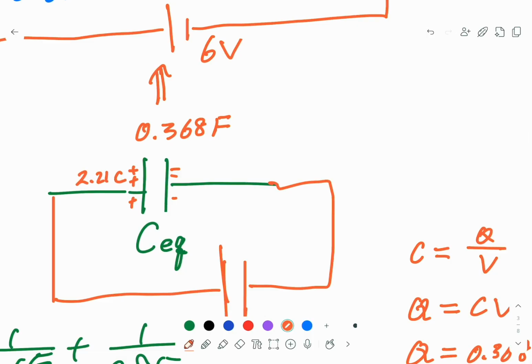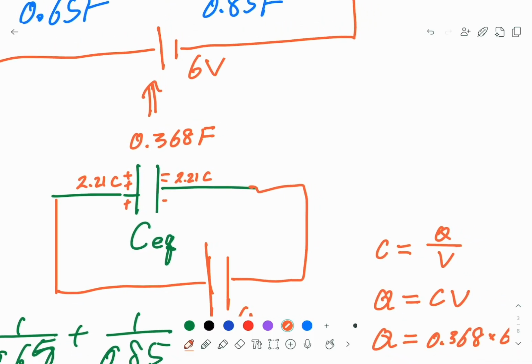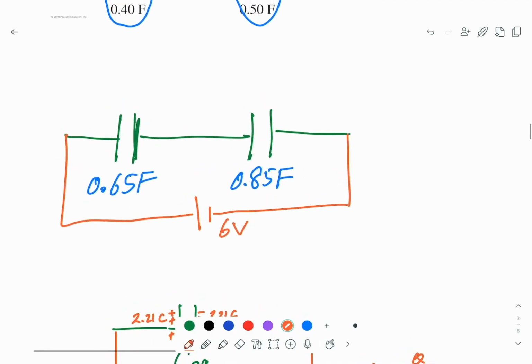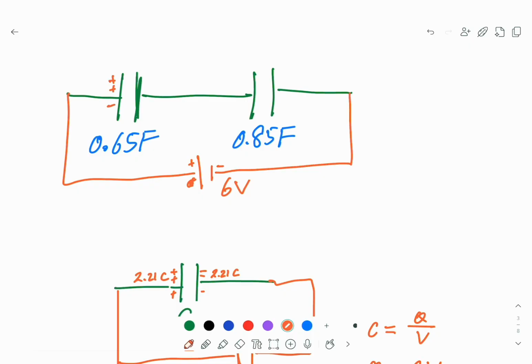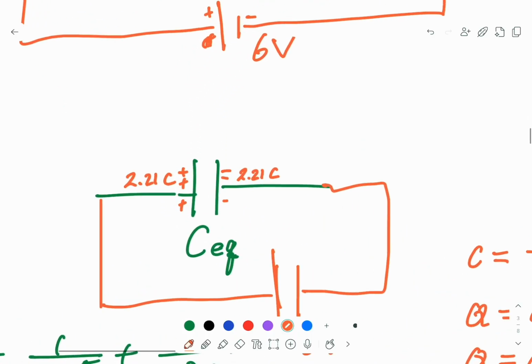Of course, the opposite also 2.21 coulomb. So they are equal. Now, this circuit here, and this is positive, 6 volt, negative. So these also have positive, and this becomes negative. This positive, this is negative. And the amount, they're exactly the same as this one.